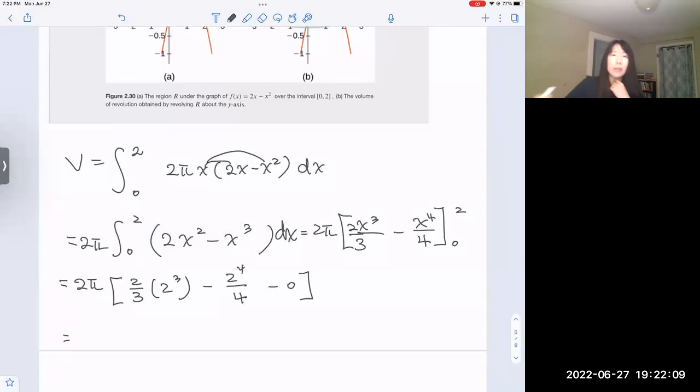What do you have? I got the answer, but it looks weird right now. Can you please give it to me? I got, for the first part, 4 pi over 3.